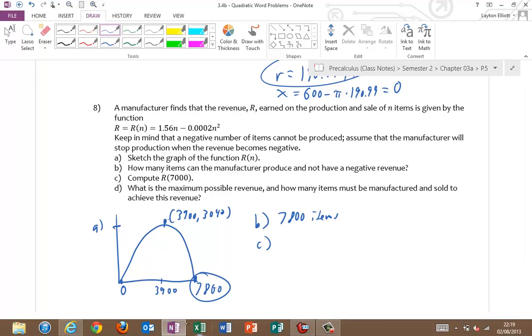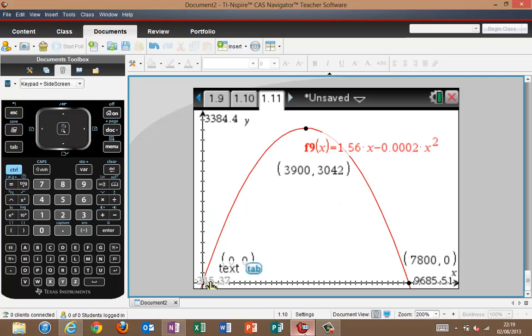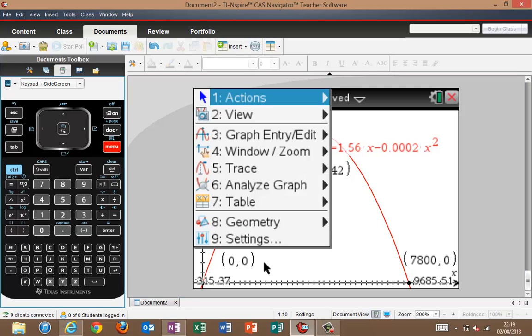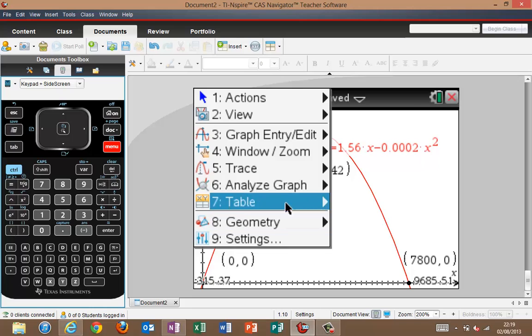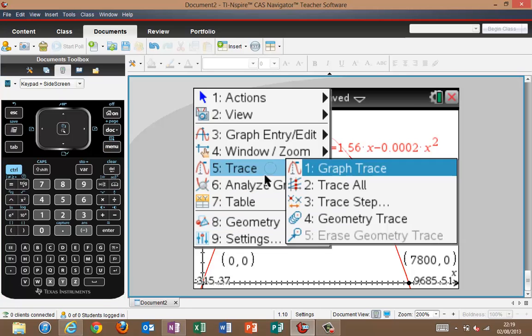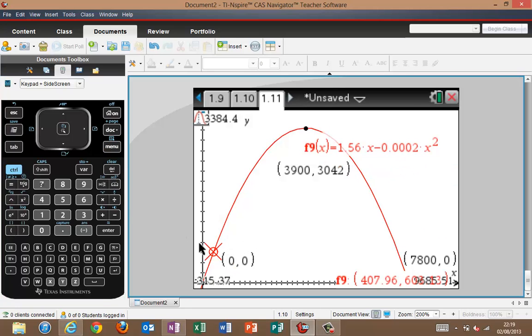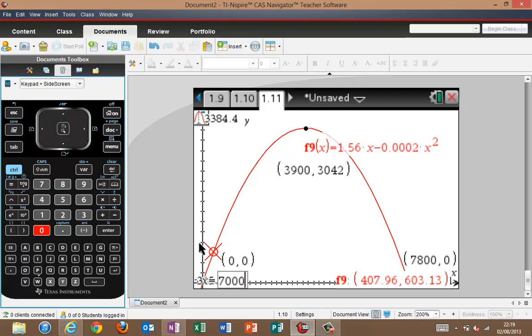Then it says compute R of 7,000. Remember, you can go into the alpha y equals, alpha y1, and do y1 of 7,000. You can also do a second calc value. I'm going to show it a number of ways here. I go to trace, and I actually just type in 7,000 and press enter.